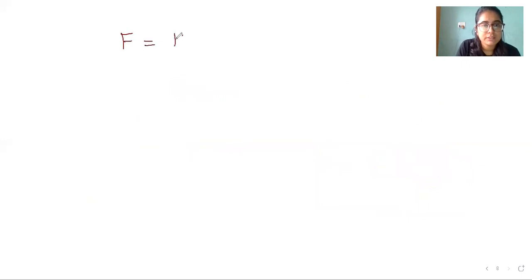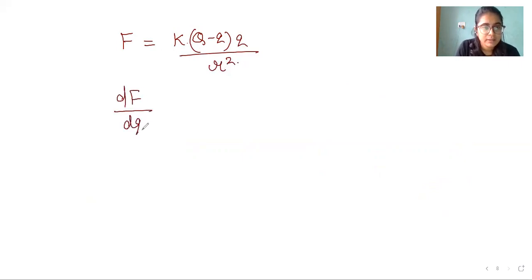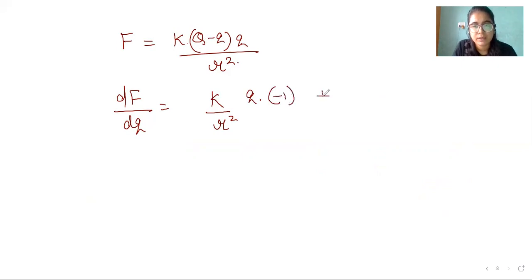Now the formula of force is K into q into Q minus q divided by R square. So first you have to differentiate it. K by R square is constant. Now you can apply the differentiation. q is like this, and the differentiation of capital Q minus q will be minus 1, plus K by R square, now Q minus q will be like this, and the differentiation of small q will be 1.